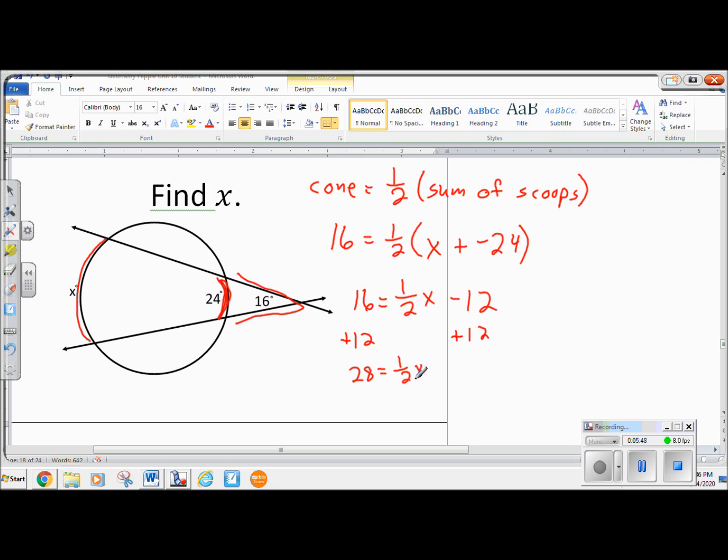Since 28 is half x, we'll multiply each side by 2 to get all of x. 56 equals x. Remember here, when the scoop is dug out of the cone, it will be a negative measure.